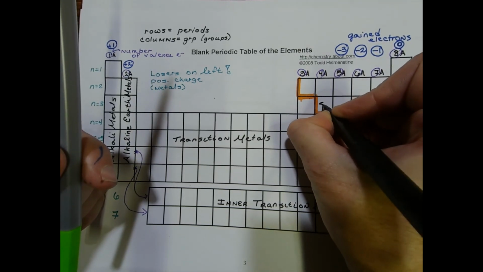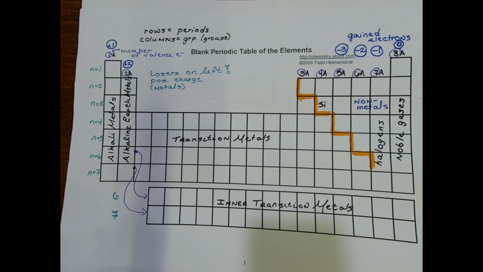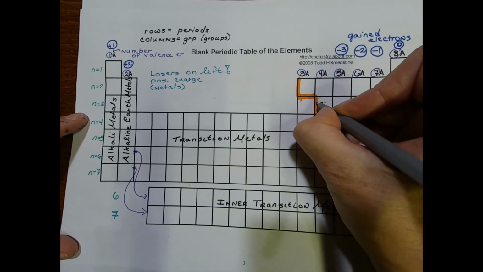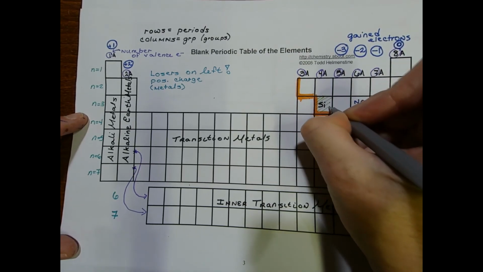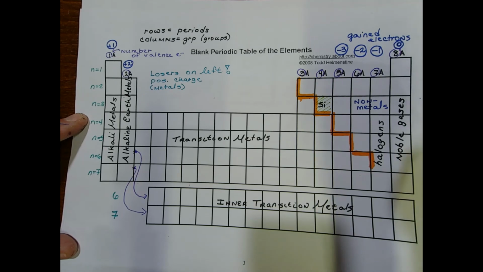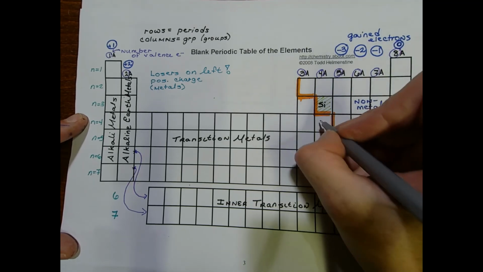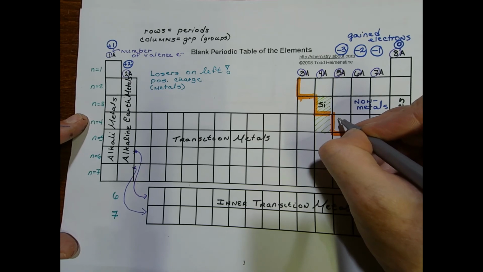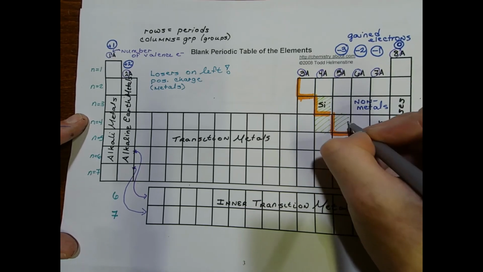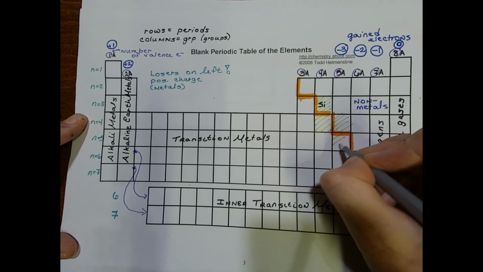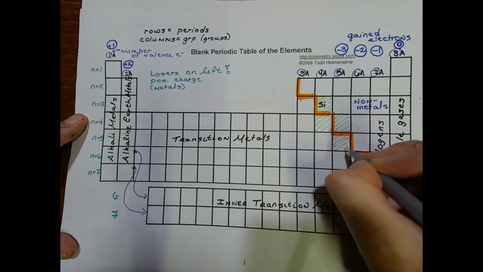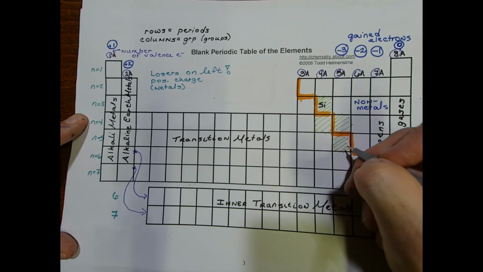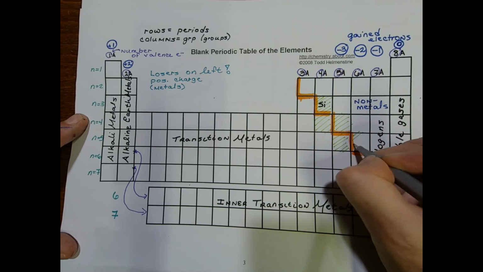And we'll label more in just a minute, but we have a whole bunch of semi-metals located along the stairs here. So germanium and arsenic, antimony, tellurium, I would say, is a semi-metal.